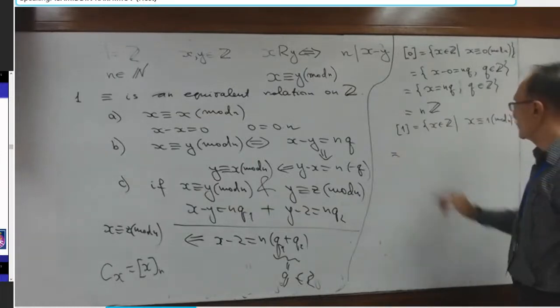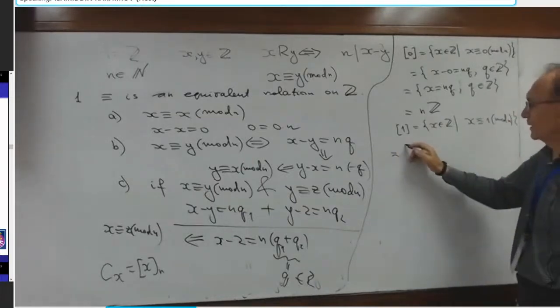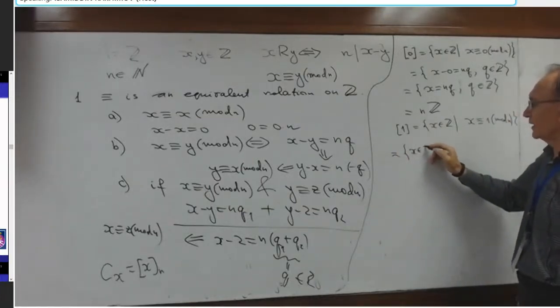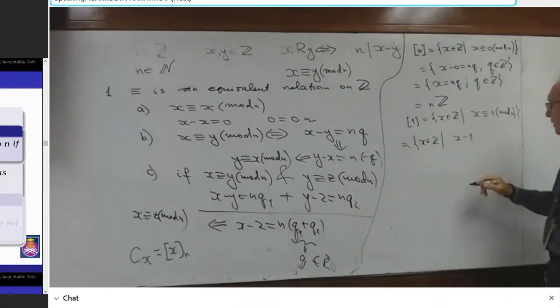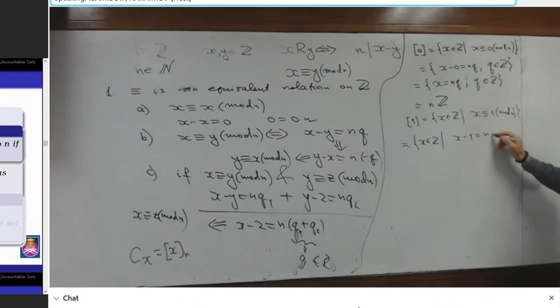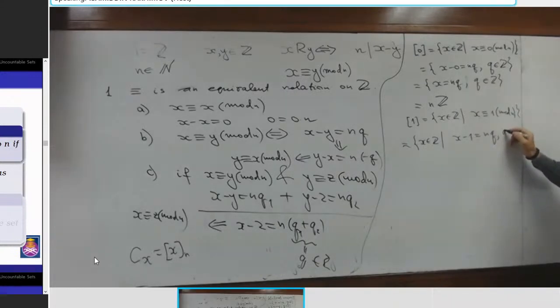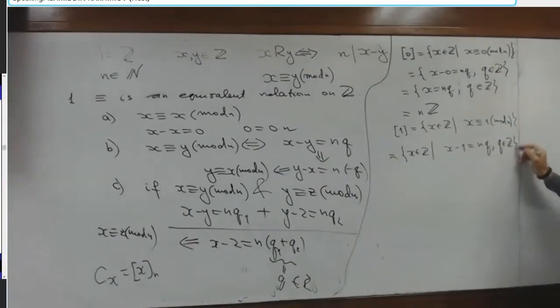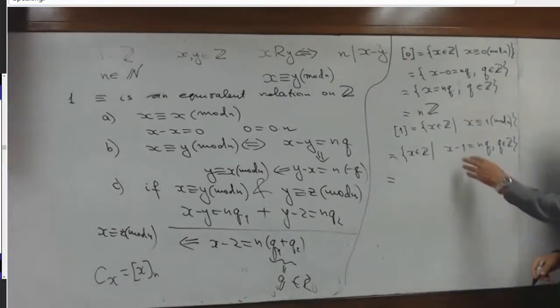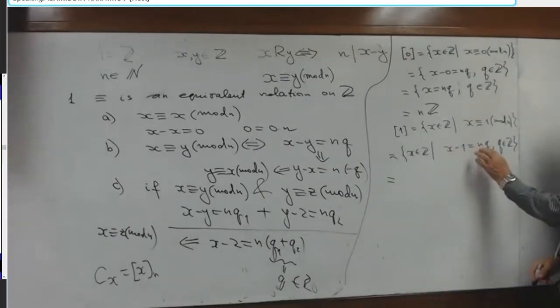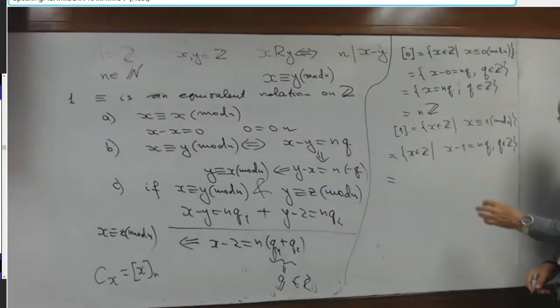It is the same to say those X from Z such that X minus 1 is divisible by N. It is the same: if you divide X by N, you will get remainder 1.